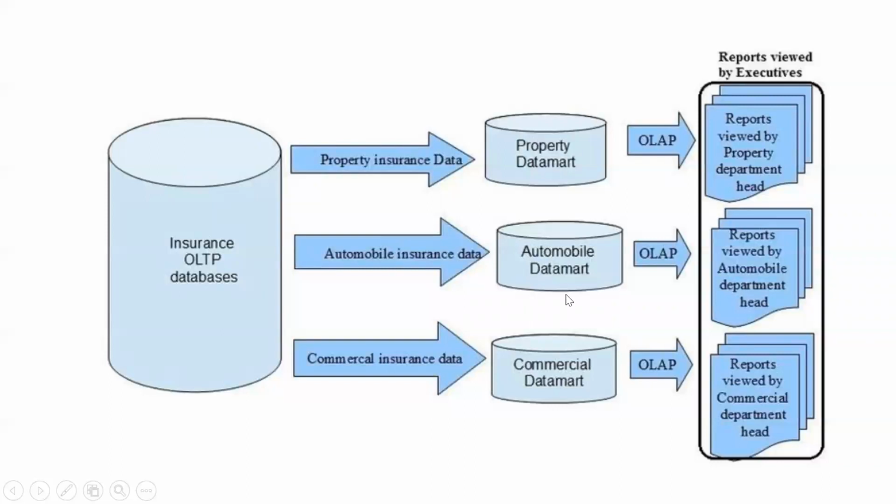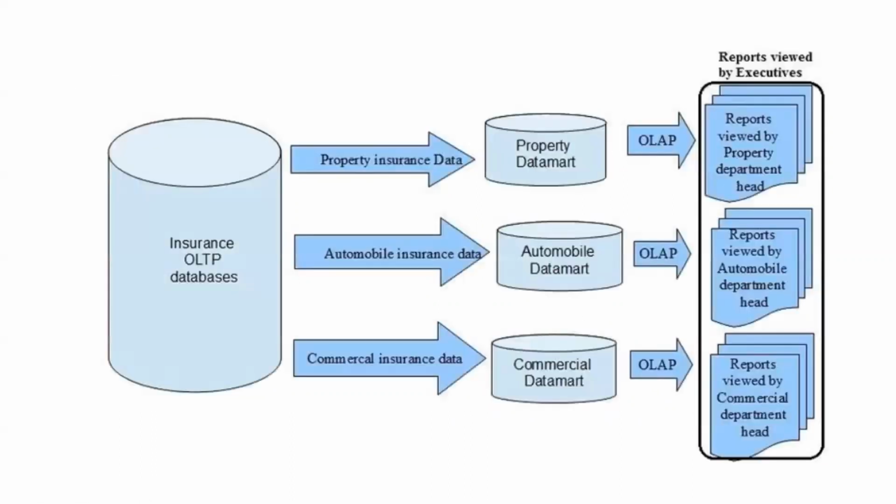That is why I'm segregating the data into different data marts. I'm also segregating the reports and charts. Maybe for security purposes, or as per the company policies, this is the way the data marts get split from the data warehouses.